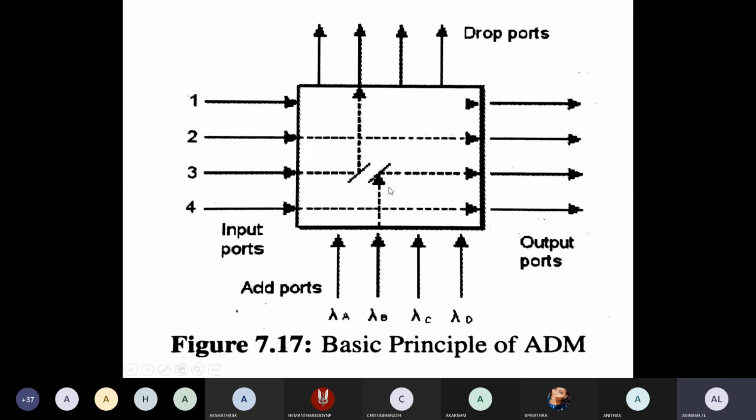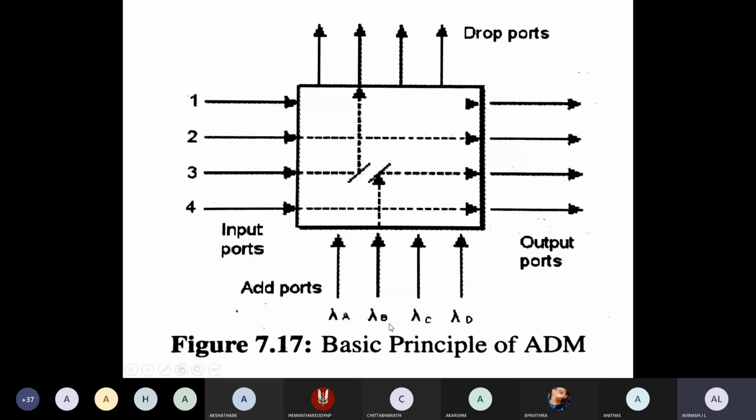In lambda B, we have sent one signal and placed another mirror, so that when the signal enters the device, through the reflection mechanism it will send it to the correct path. In the output port, the signal will come out. So now one signal is dropped and another signal is added.